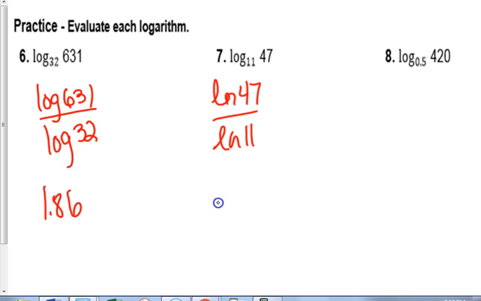You can do it whichever way you want. Let's make sure you're getting this answer. 1.61. As long as you do the same thing to both numbers, you can do ln. Whatever method you chose, did you get those 3 decimals? Anyone not getting those?